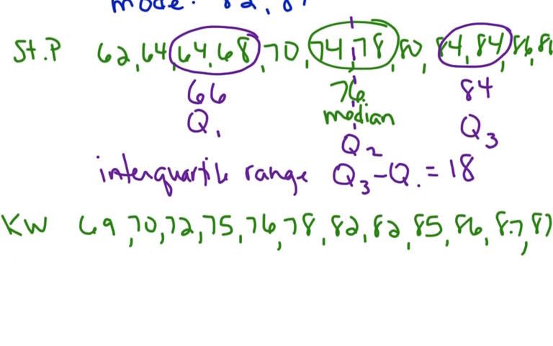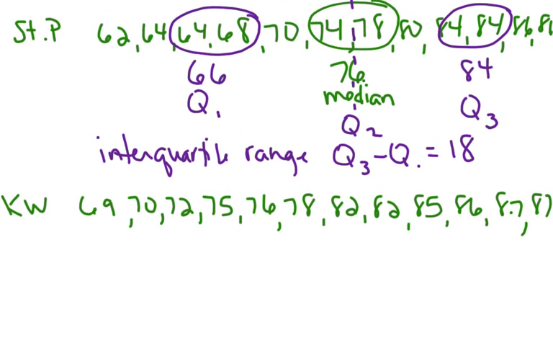Alright, so now I'm going to find the median of this set of data. The two numbers in the middle are 78 and 82, so the average is 80. That's the median.